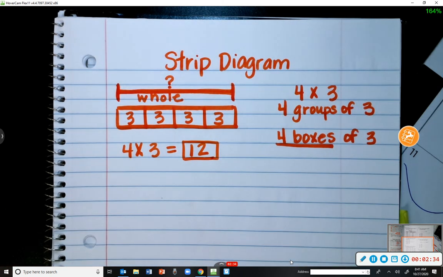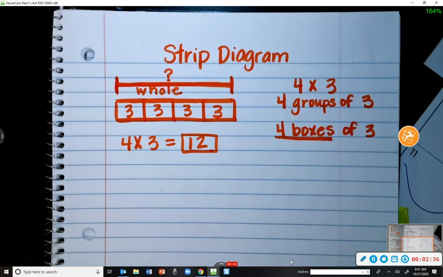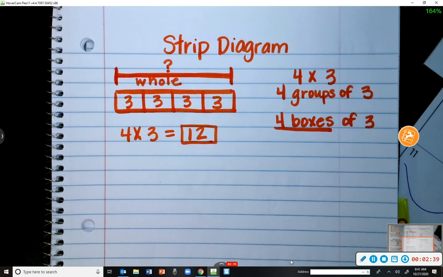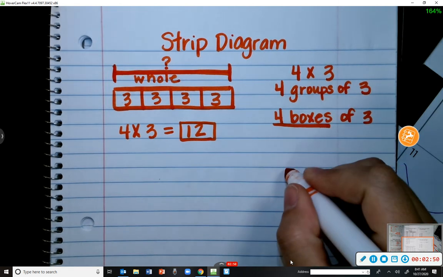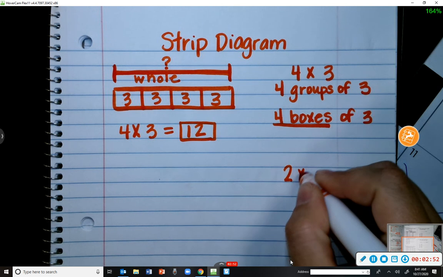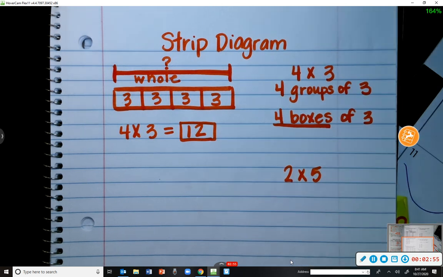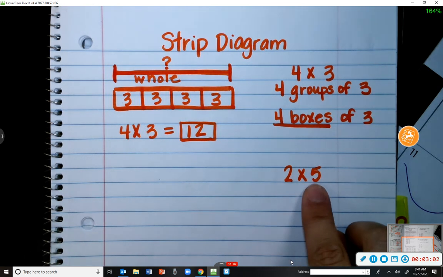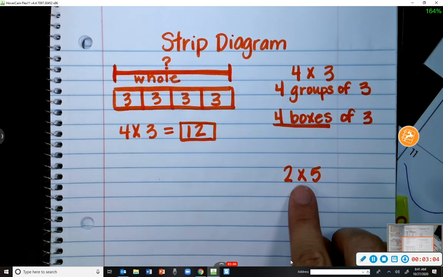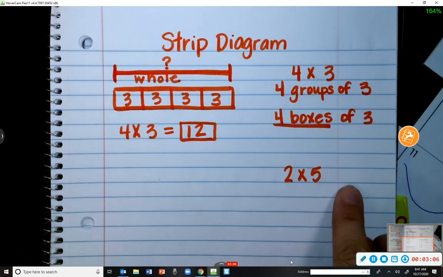Okay. Now let's do one more together, and then we'll practice drawing a strip diagram for different problems. Okay? Let's look at a strip diagram for 2 times 5. So I could say this is 2 groups of 5, or 2 boxes of 5.